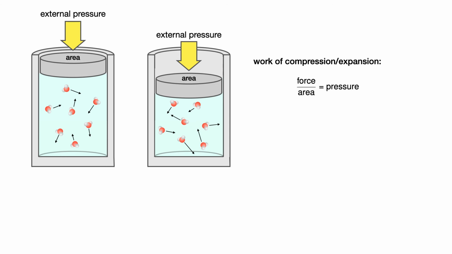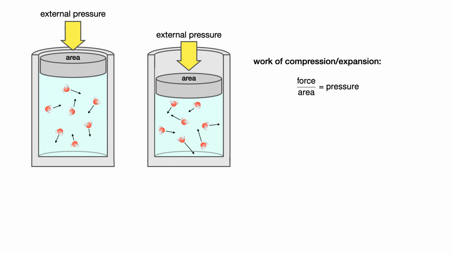You may be familiar with pressure in units of pounds per square inch. Pound is a unit of force, square inch is a unit of area. In the metric system, the standard unit of force is the Newton, and the standard unit of area is meters squared. One Newton per meter squared is a unit of pressure that's called a Pascal.